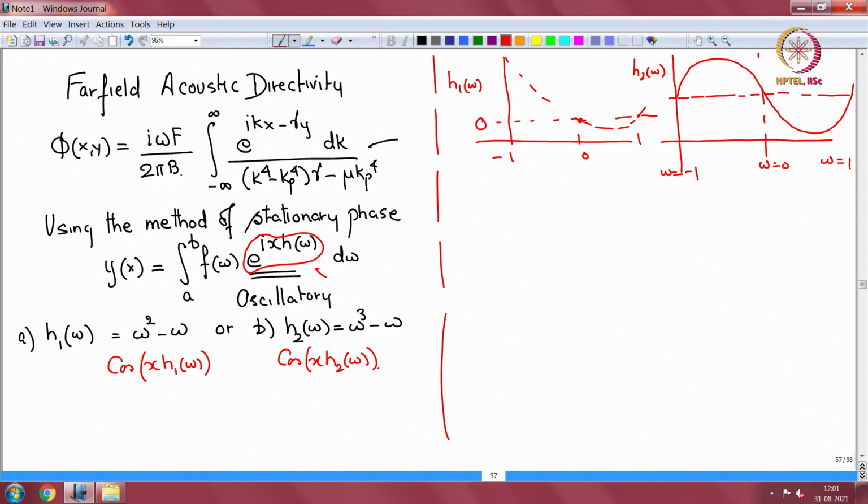Now correspondingly, if I plot the cos of h1 of omega, it looks crazy.